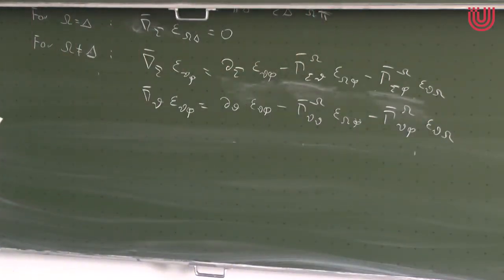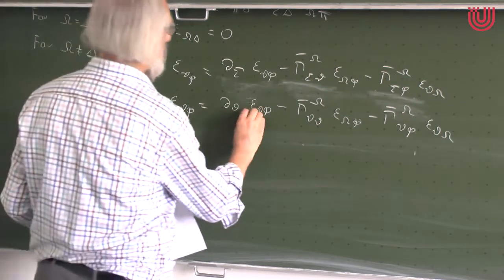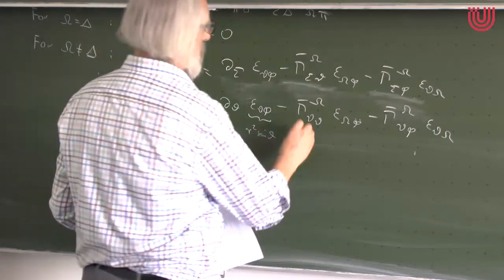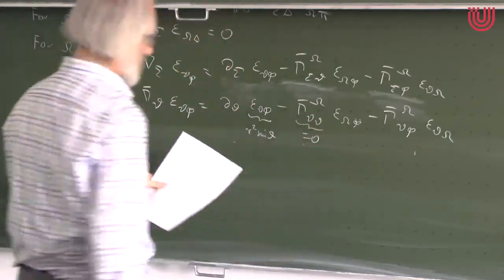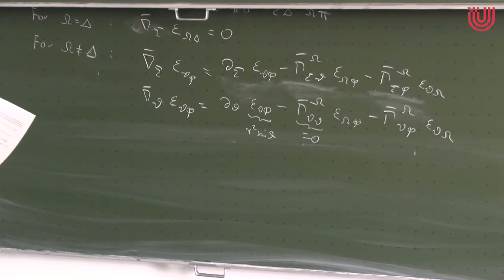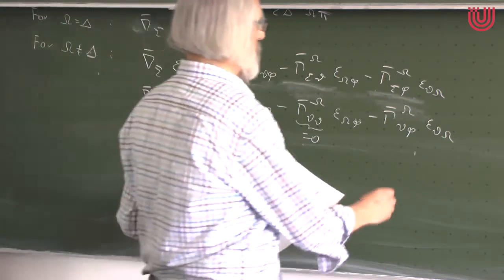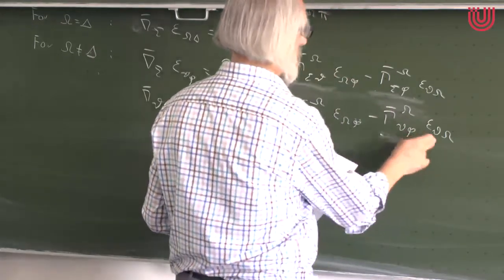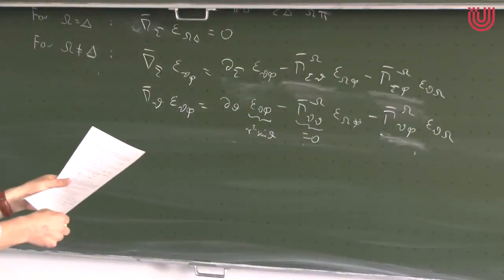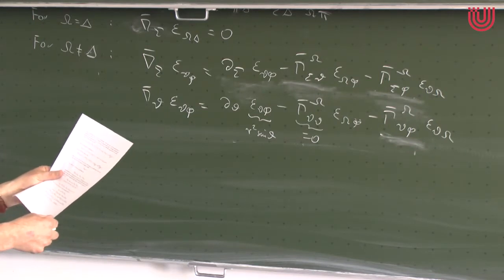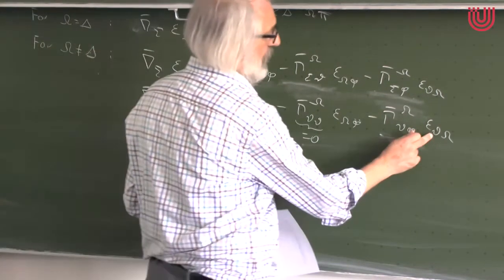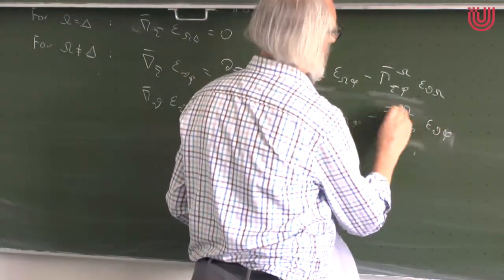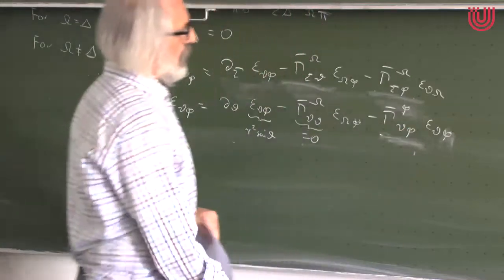Okay, the epsilon theta phi is r squared sine theta. That's what I've given you last time. This you have to look up, and this is 0. Yeah, this is 0. And this thing here, okay, you have to split it. It is actually non-zero for one of the two indices. Namely, if the index is theta, then I get 0 here because it's antisymmetric. So I can get something only if this is phi.